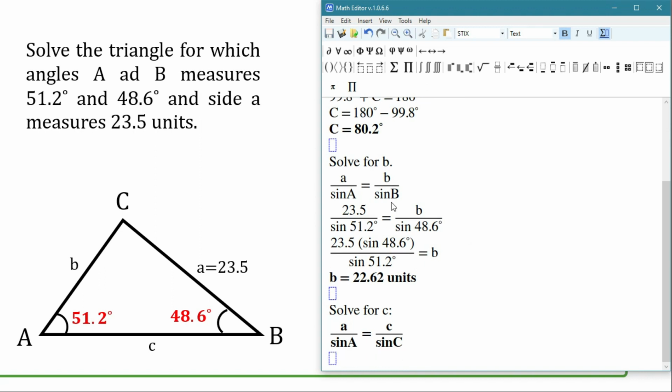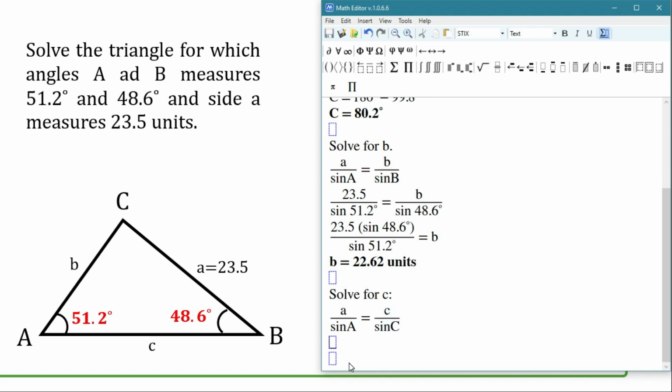So, tulad ng sinabi ko kanina, before we proceed with the solution of B, pwede naman natin, from the very beginning, i-manipulate na natin agad yung formula. And that will yield C equals A times sine C over sine of A. Okay, so pwede naman po yan.